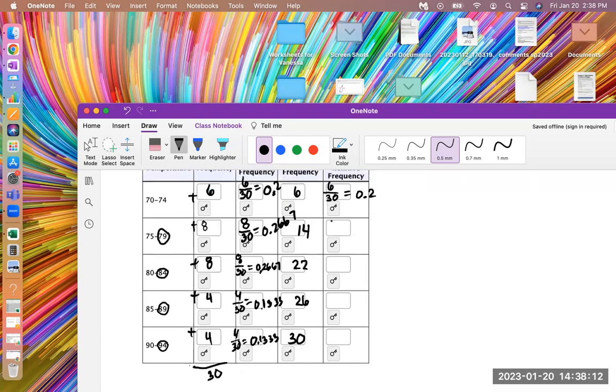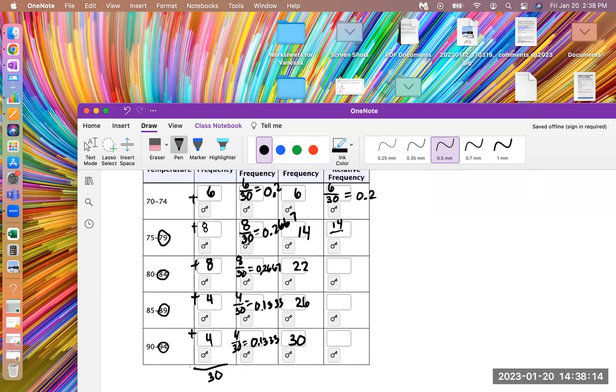This one is going to be 14/30, this one 22/30, this one 26/30, and 30/30. It's like asking what percent of the data was less than or equal to 94? Well, all of the data was, and so that's why we have one whole here, or written as a percent, it'd be 100%.